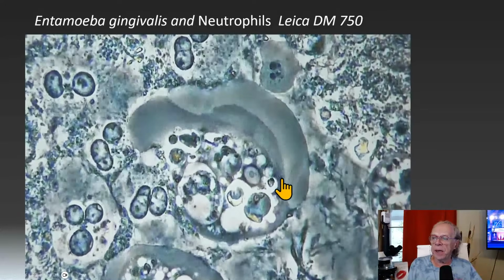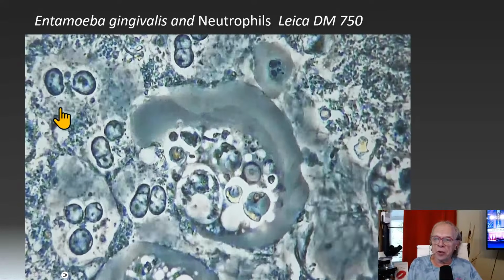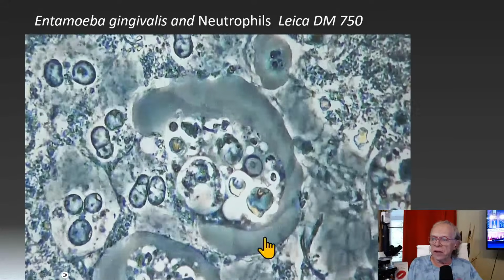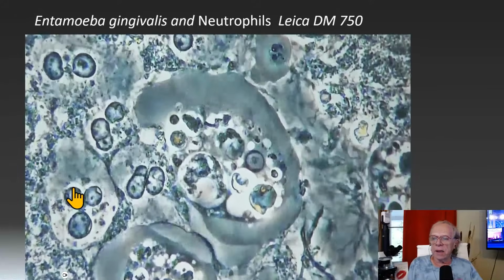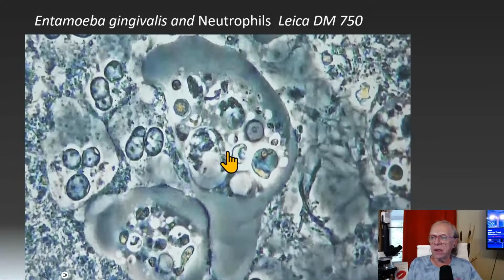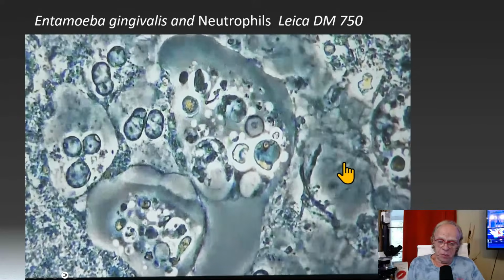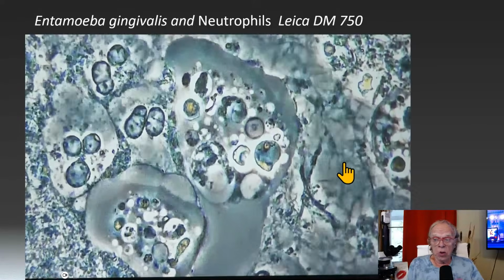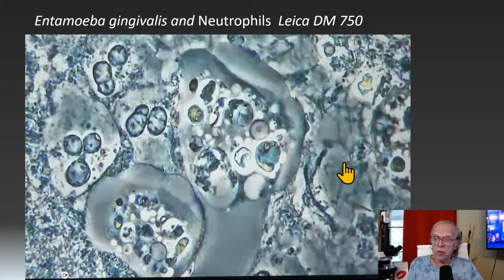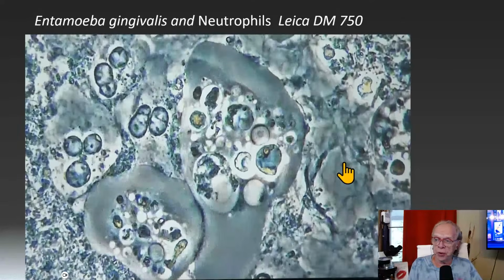So you have baby amoeba, mother amoeba, baby amoeba, and you have those neutrophils. Neutrophil, when it dies, is like pus. So pus, amoeba, bad motile bacteria. This is periodontal disease. So you have to remove all this to get your patient to be cured.